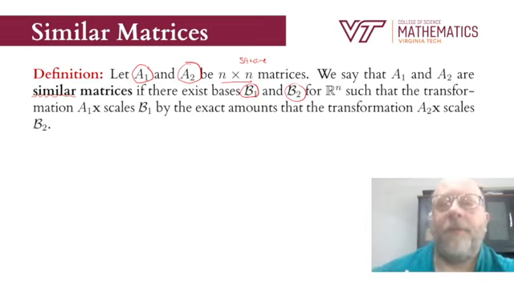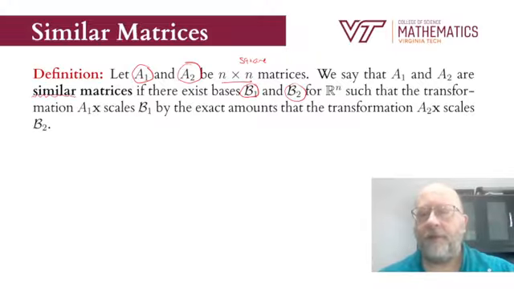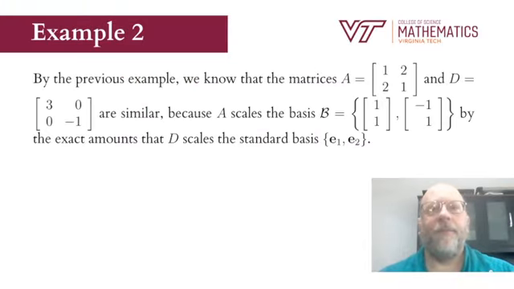So in the example that we just saw, we saw a matrix that scaled an alternate basis by three units in one direction and negative 1 unit in the other direction. And then we constructed a matrix that did the same thing to the standard basis. Those two matrices are similar.